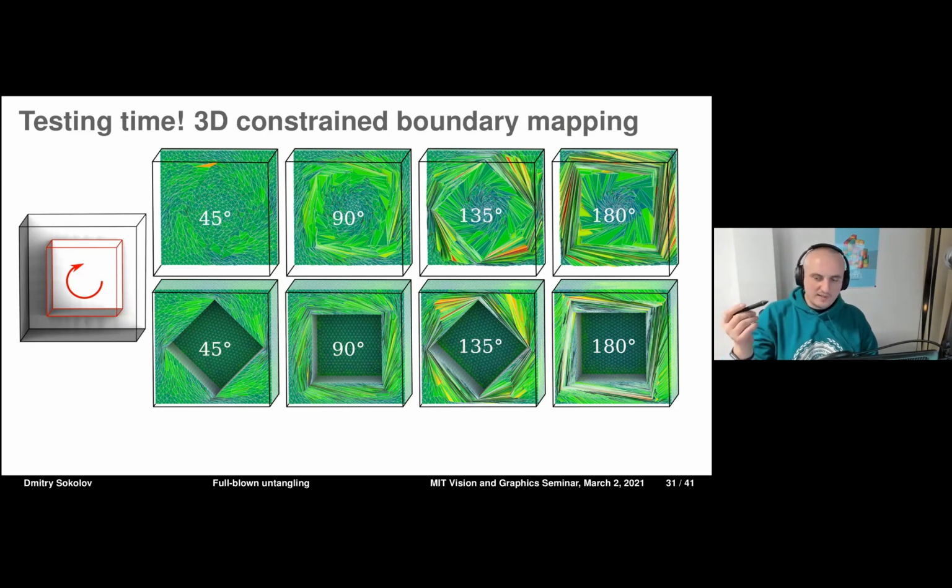Our LBFGS-based optimization scheme succeeds up to a rotation of 135 degrees, and we had to switch to the Newton method to reach 180 degrees rotation. Note that 180 is particularly challenging because it's a saddle point of the elastic energy. We have two equivalent solutions of this problem.